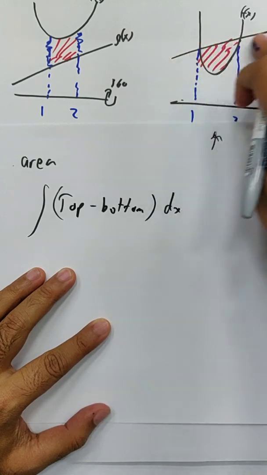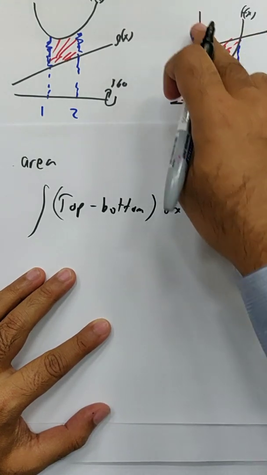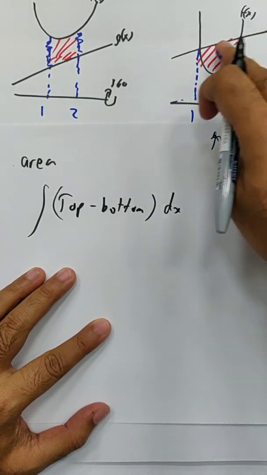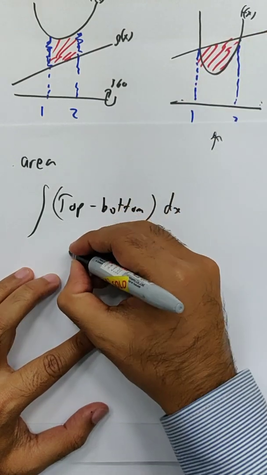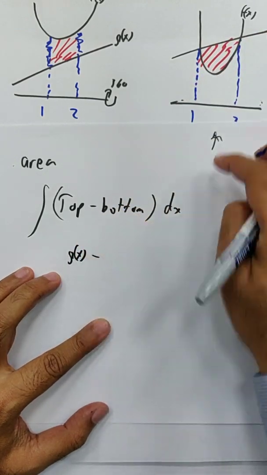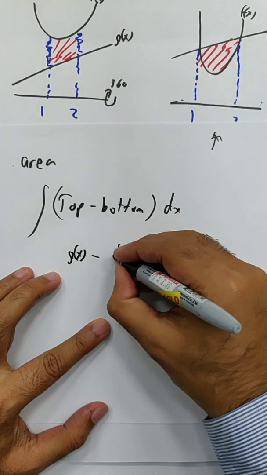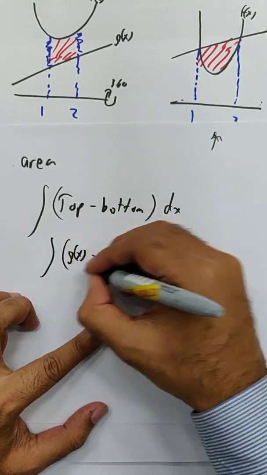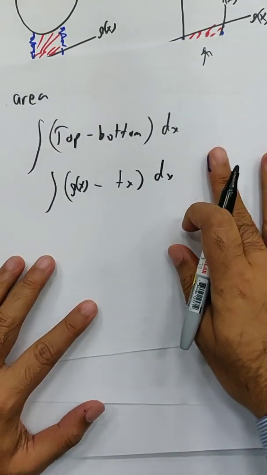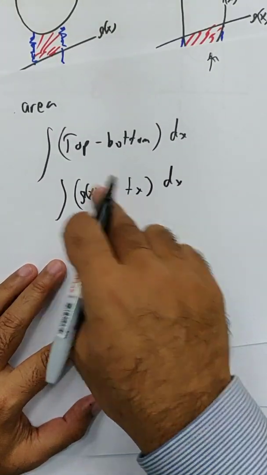In this particular case, which one is the top one? This area enclosed, gx is the top, minus fx, the bottom one. So the calculation is a bit different. You minus first and then you integrate.